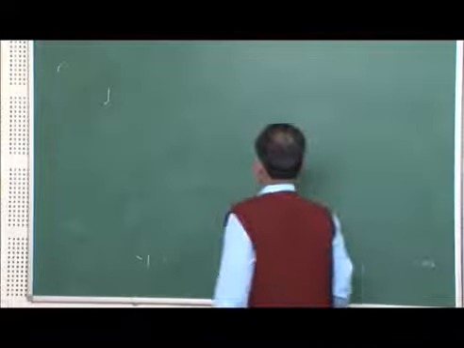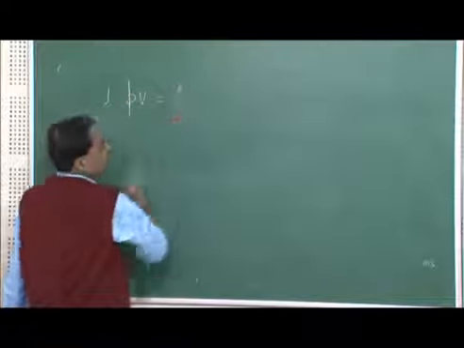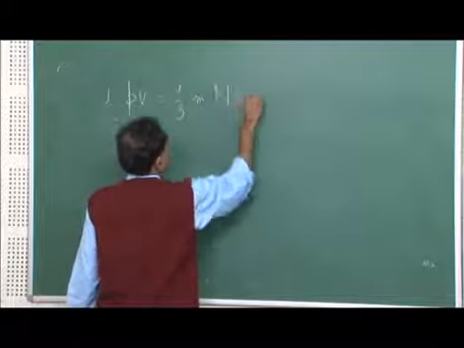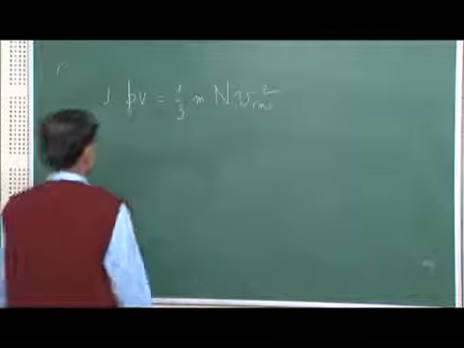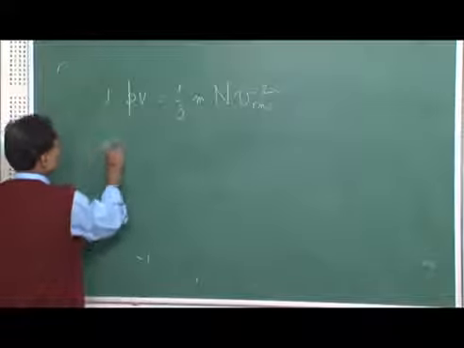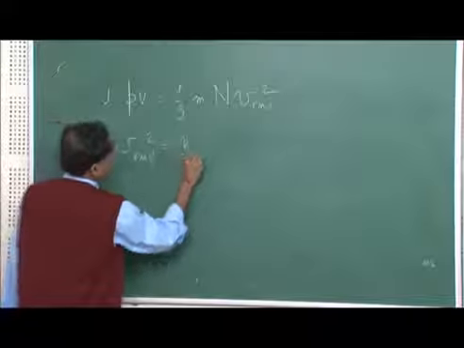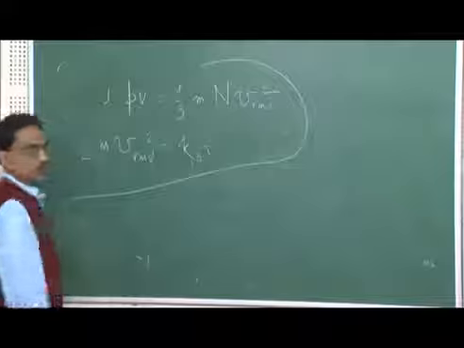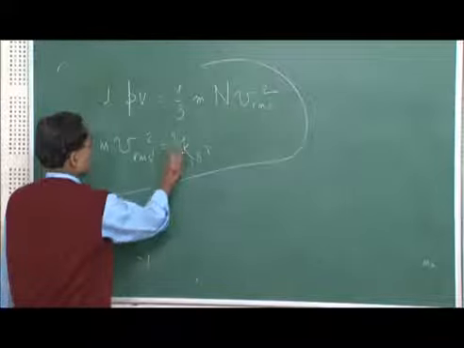I have got PV is equal to 1/3 m N V RMS squared, and then I have found out half m v RMS squared is equal to 3/2 kT. These are the two important things we have gotten so far.